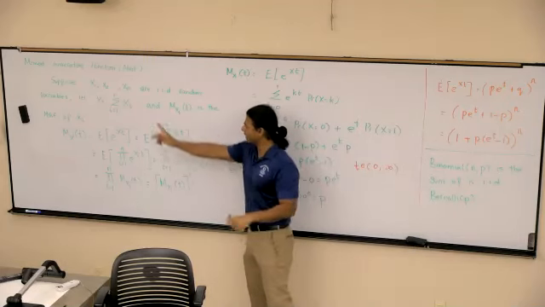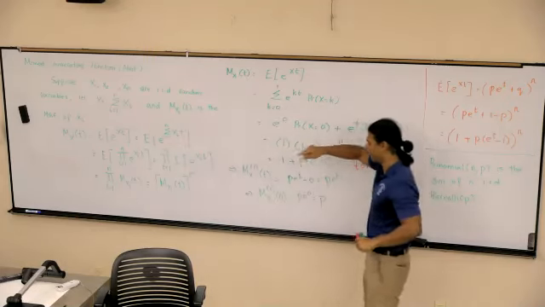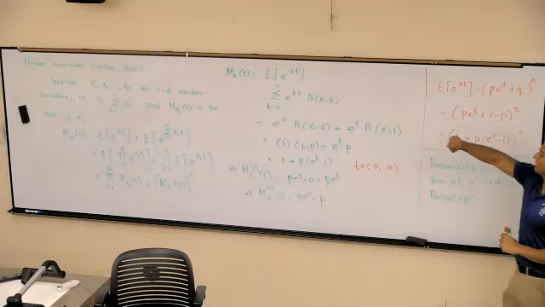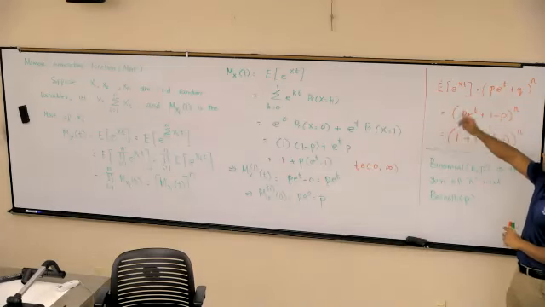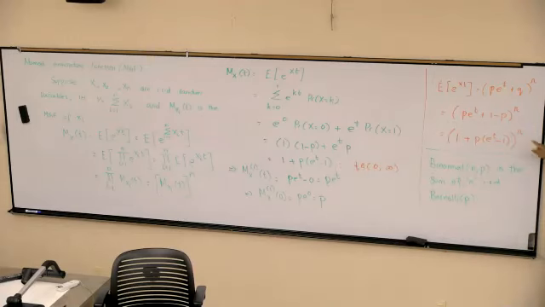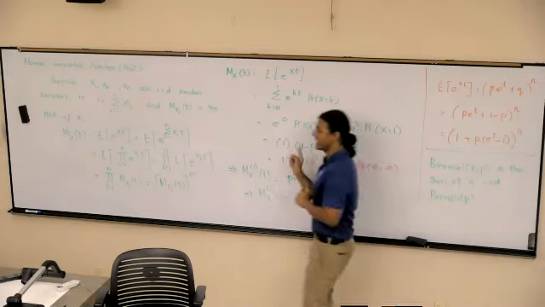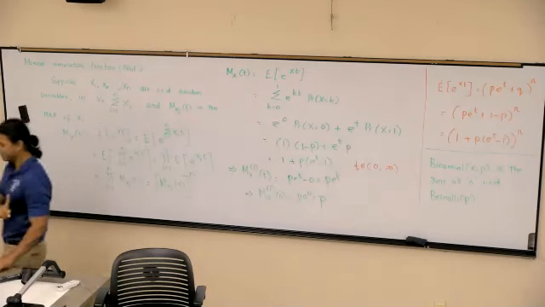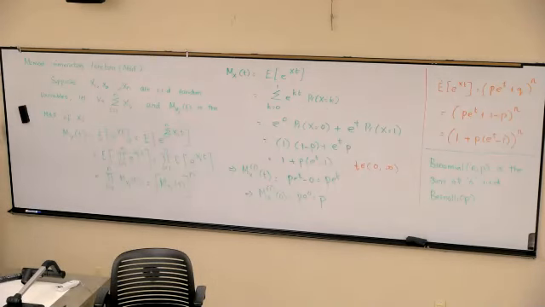If you have a sum of IID random variables, the moment generating function of the sum is simply one of the moment generating functions raised to the power n. So moment generating functions make things easier, especially in terms of finding new distributions and things like that.